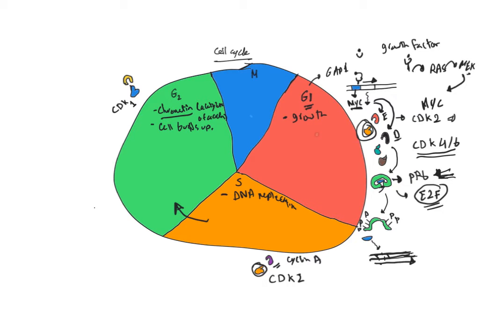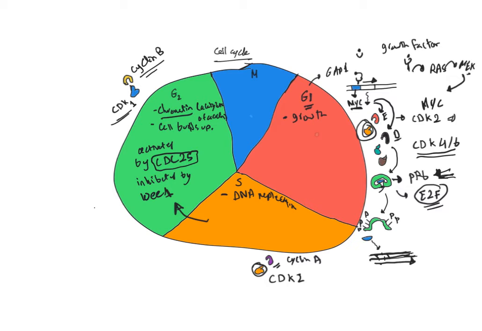CDK1 binds to cyclin B. And this kinase is regulated by, so if we're going to say it's activated by CDC25 and inhibited by WEE1.